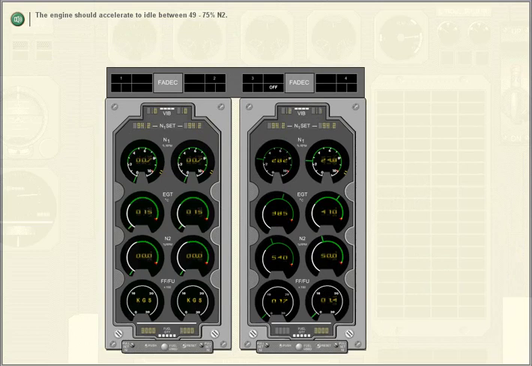The engine should accelerate to idle between 49 to 75% N2.